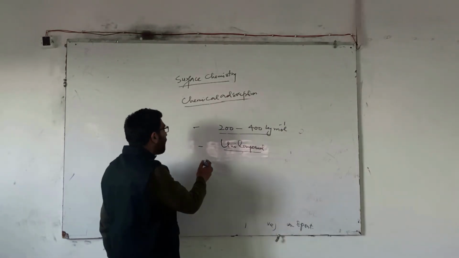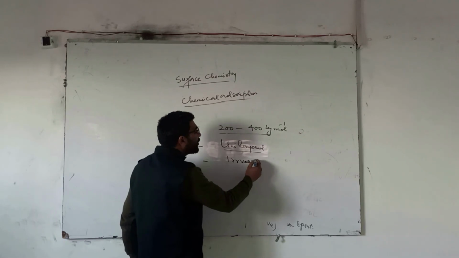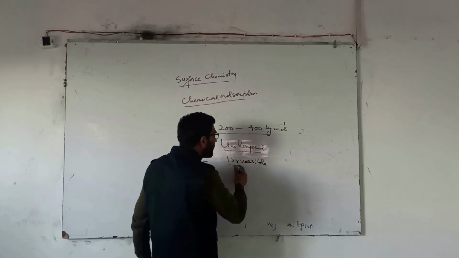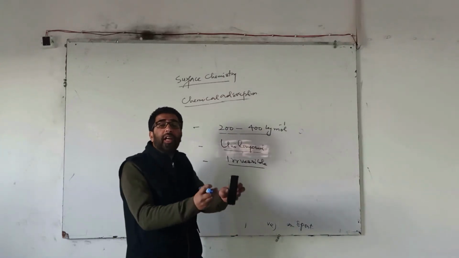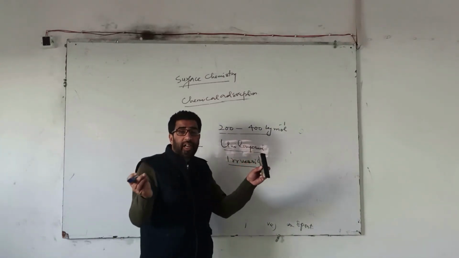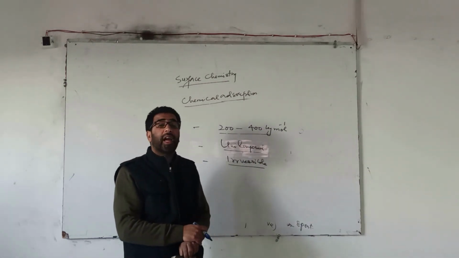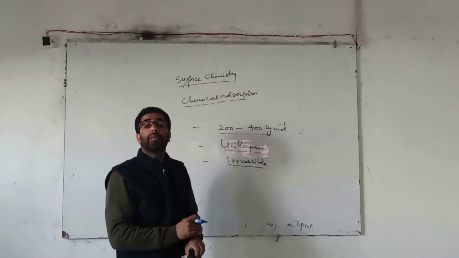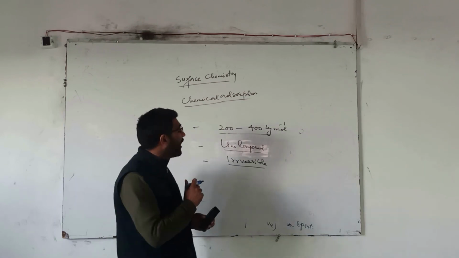And next point is irreversible. This type of adsorption is irreversible. What does irreversible mean? When you break the bond between adsorbate and the adsorbent, they cannot reunite again. They cannot again undergo adsorption because of the breakdown of the chemical bond between the adsorbate and the adsorbent.